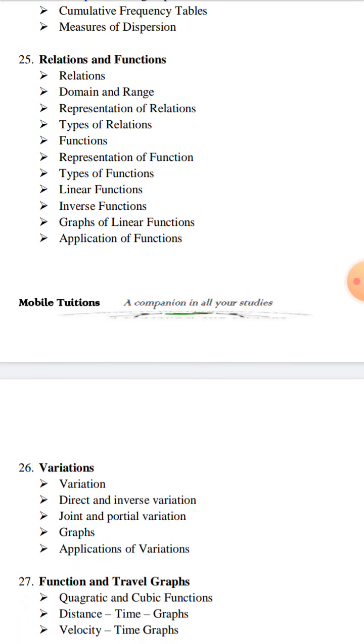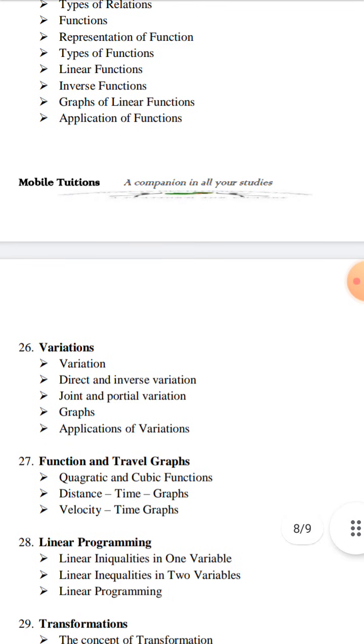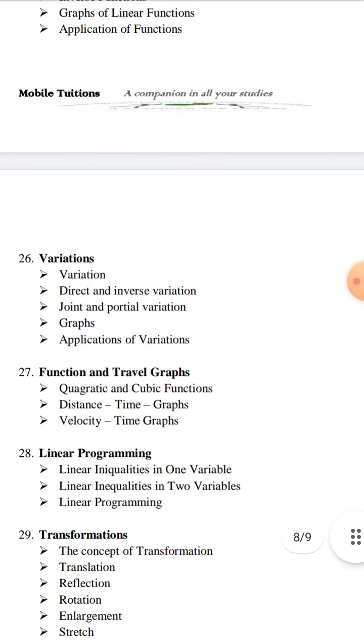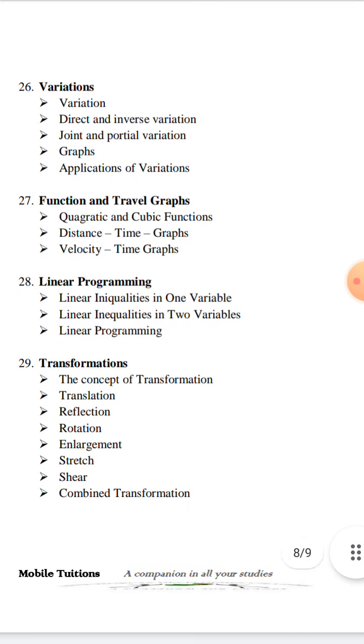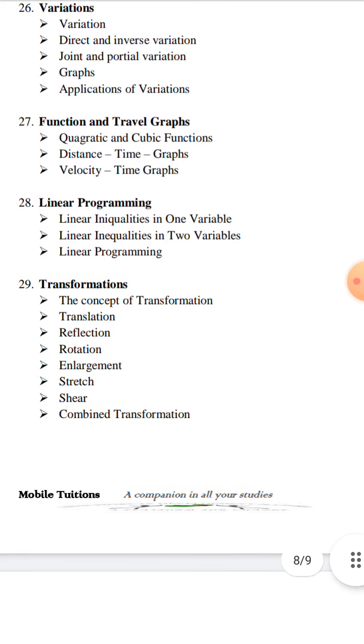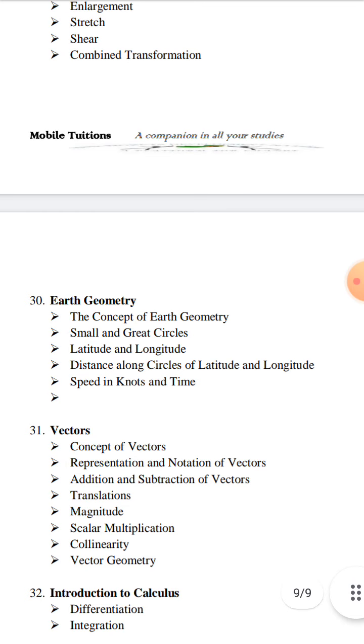Topic 25 looks at relations and functions. Then 26 concentrates on variations. That is all important. Then 27 looks at functions and travel graphs, 28 concentrates on linear programming, 29 is on transformation, and 30 is on earth geometry.